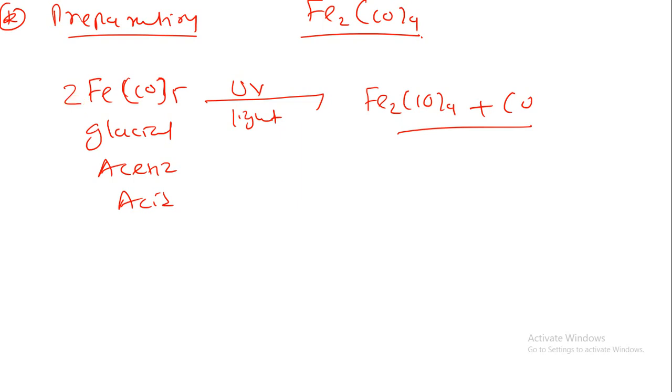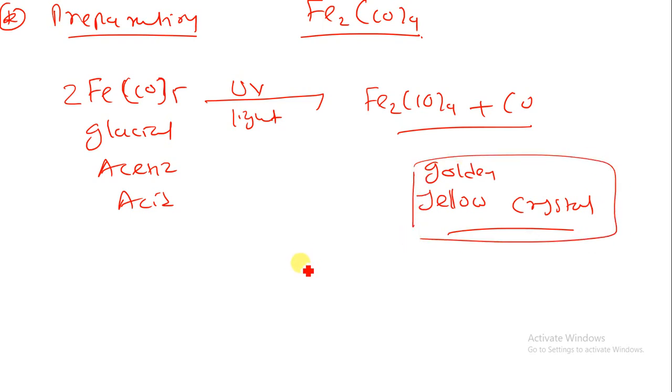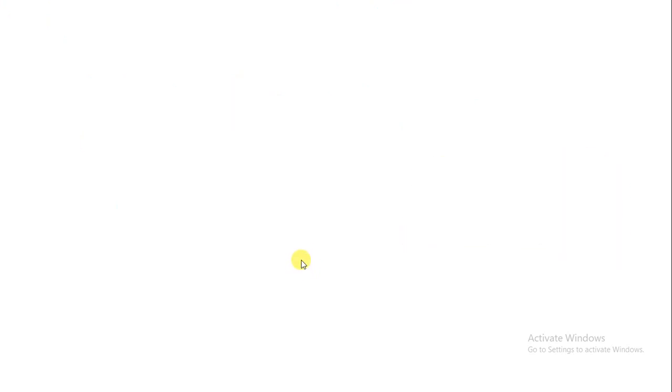In this way you can produce Fe2(CO)9. Now this Fe2(CO)9 forms golden yellow crystals as its physical property.